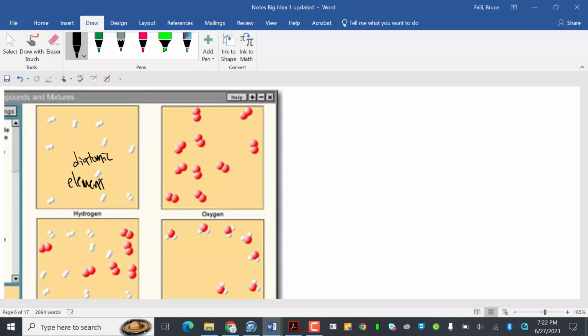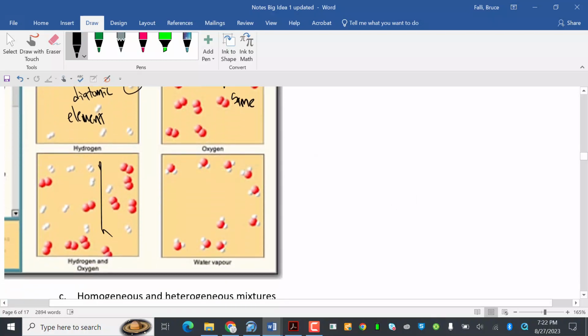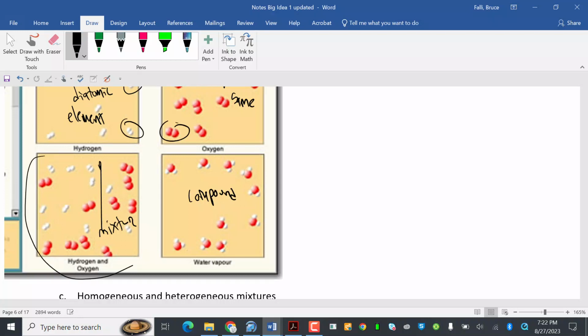See how it's the same element, red circles touching. Same element, white circles touching. This is a mixture. This is a compound. So do you see how if I put hydrogen and oxygen together, I'll probably just get a mixture. I have to do something special to make it turn into water. Adding energy, do some kind of energy thing to it.